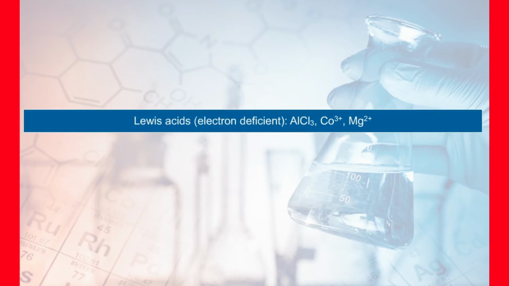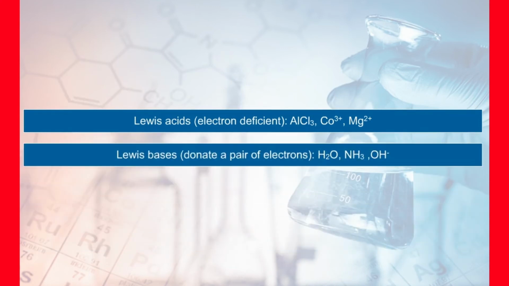Lewis acids are electron deficient. AlCl3, Co3+, Mg2+, etc. can act as Lewis acids, while species like H2O, NH3, OH-, etc., which can donate a pair of electrons, can act as Lewis bases.